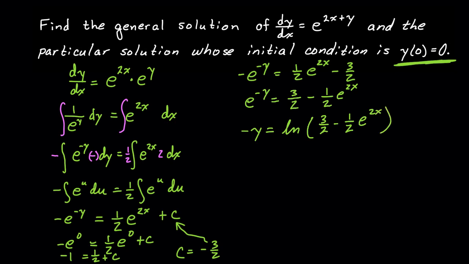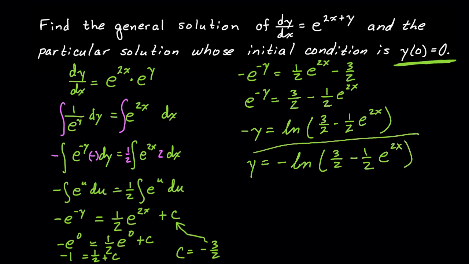And the last step is dividing by the negative, giving us y equals negative natural log of 3/2 minus 1/2 e raised to the 2x power. That is our particular solution to this differential equation and initial condition.